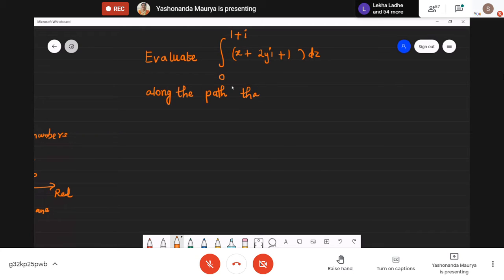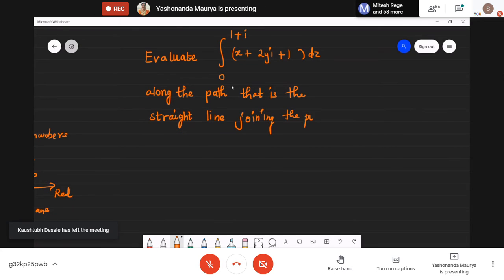Okay, along the path that is the straight line joining the points. Let me have this as the first case. And we can have a second case also.